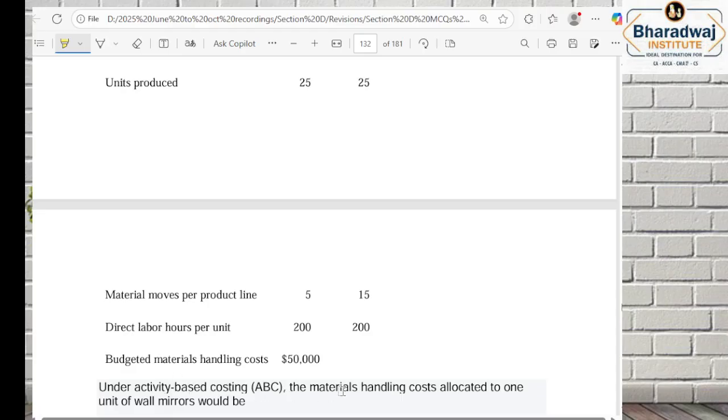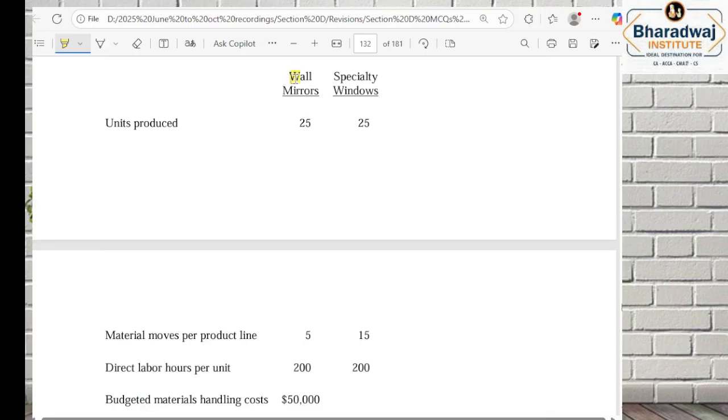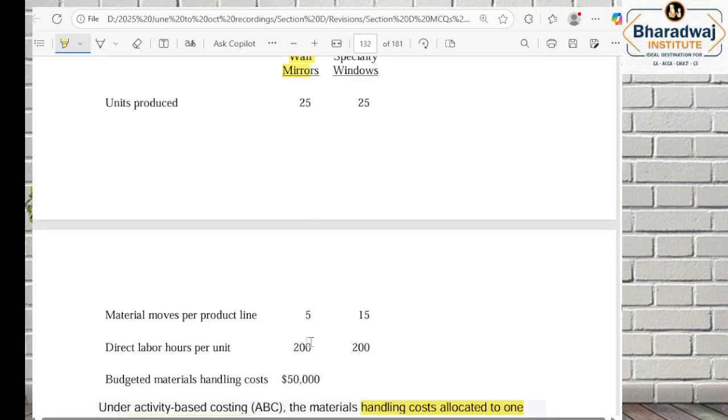They ask you material handling cost to be allocated to 1 unit of wall mirror. So it will be wall mirror, right? So 50,000 divided by what is the total movement of material? 20 into 5 for wall mirror.